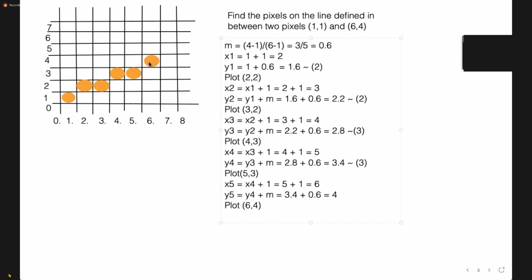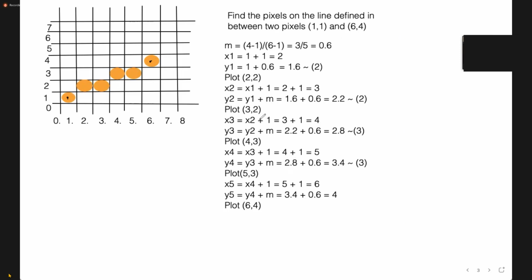6, 4 is already plotted. Now we can see the situation. The first condition of the line is that the line should go through the starting point and ending point. Starting point is here, ending point is here.